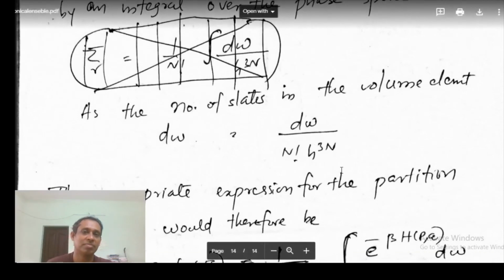The h raised to 3N comes from the idea that the phase space volume equivalent to 1 microstate is h raised to 3N. So d omega, if you divide it by h raised to 3N, you will get the number of states in that volume element. h raised to 3N is the fundamental volume, and N factorial is the Gibbs factor.